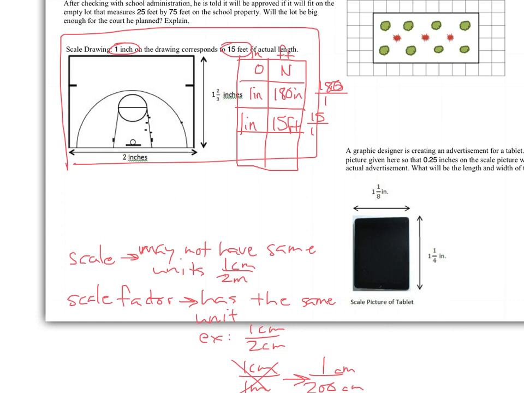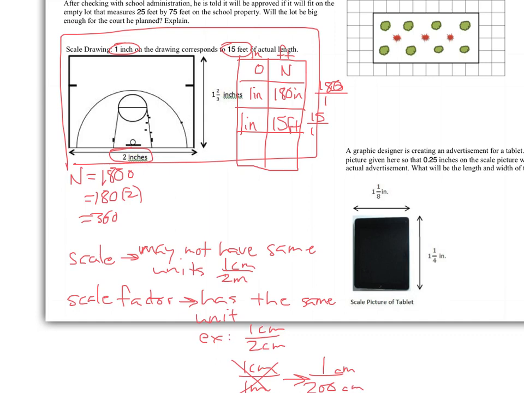So when I use this one, this is always going to convert me inches to inches. So when I have this one, the new is equal to 180 times the original. So I'm going to start with this 2 inches down here. This is 180 times 2, which is going to give me 360.